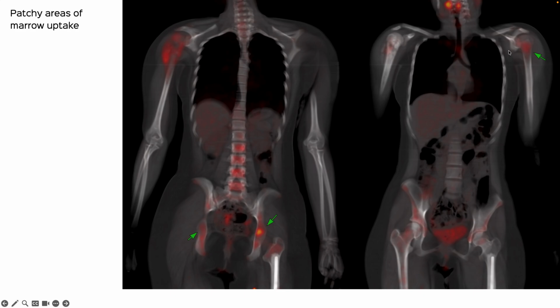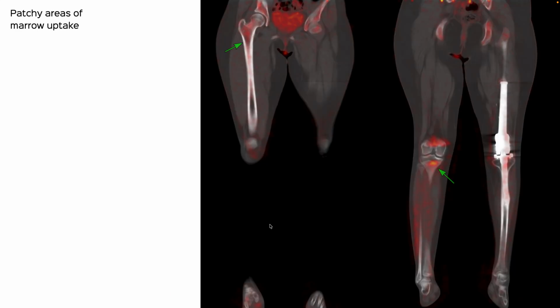And you've got a few patchy areas of increased uptake in the metaphyses here, in the pelvis here. Again, it's very difficult to pinpoint and then say that, all right, this is abnormal. But there were these areas in the right femur, in the proximal tibia as well. So clearly something is going on.